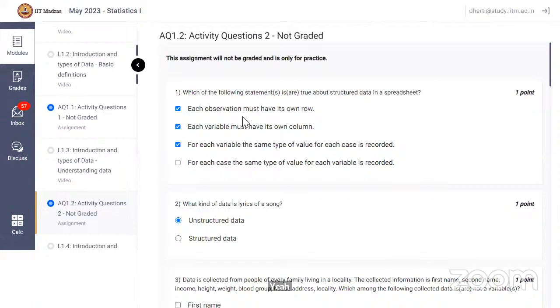In that, the third answer is there, ma'am: for each variable, the same type of value for each case is recorded. So here, what does value mean?